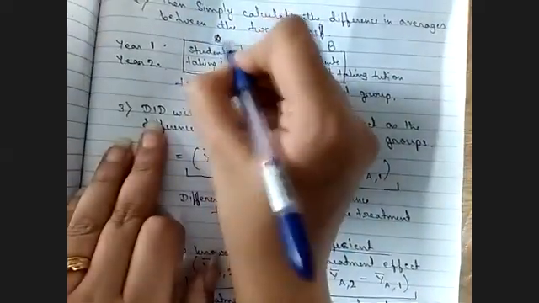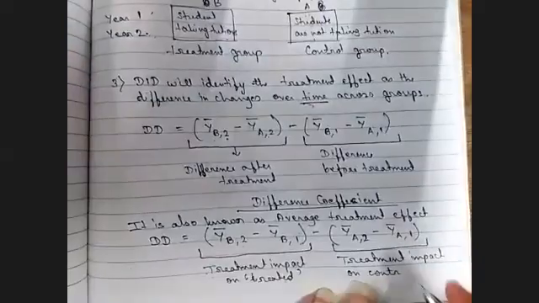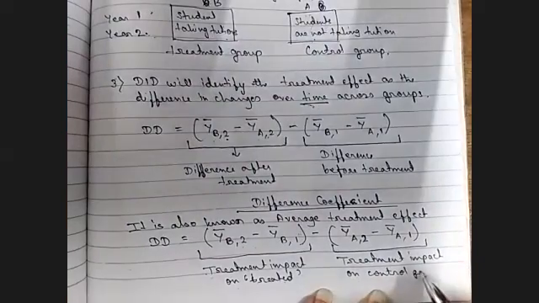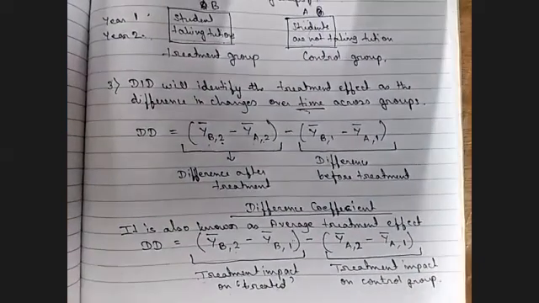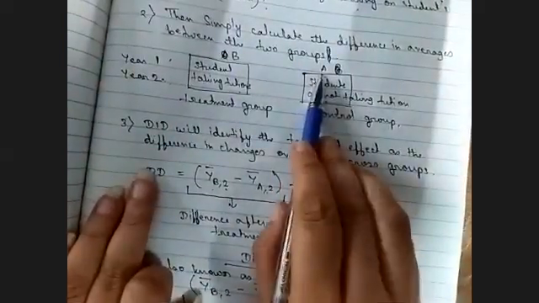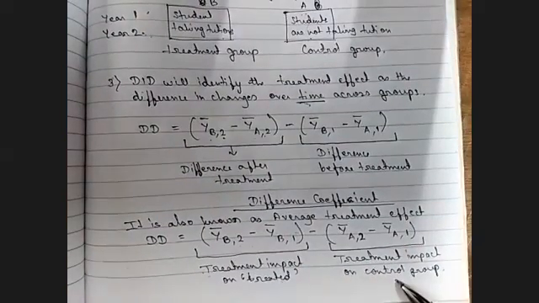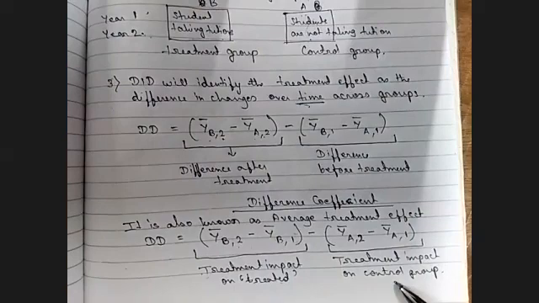Make it B, it's A. So it is the control group. I have changed it. It is A, it is B. Okay, so treatment impact on the control group, right?